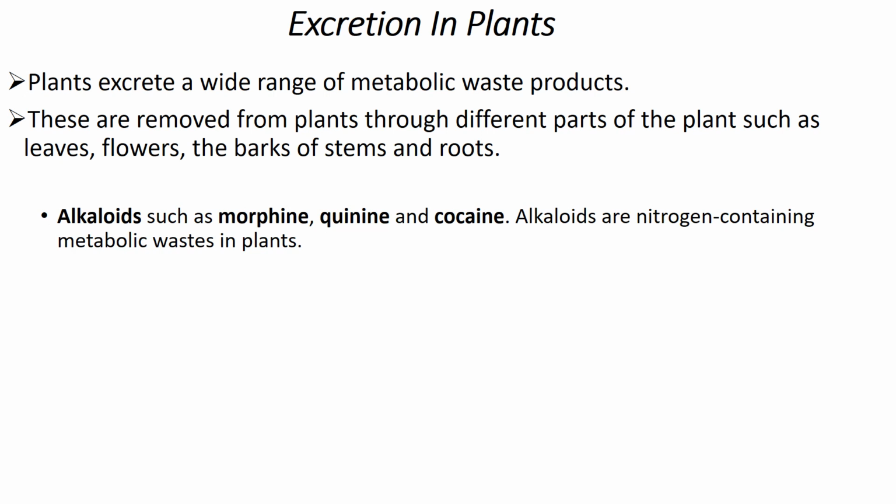The first example are called alkaloids, which are a group of substances that include morphine, quinine, and cocaine. All these are examples of waste products that fall under the group called alkaloids. Alkaloids are nitrogen containing metabolic waste in plants.